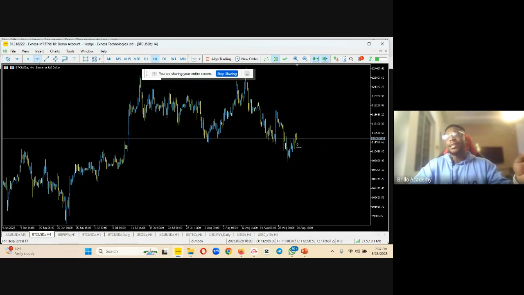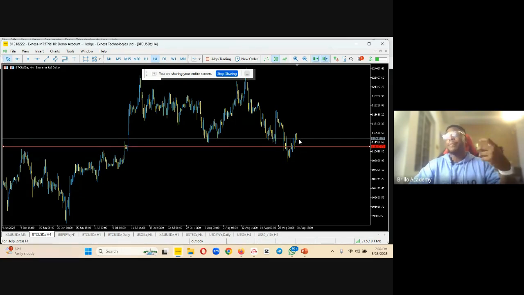So I'm going to set my sell stop at this zone. All right. So this is my sell stop. Remember, the sell stop is placed below the current market price. So what I'm saying is that if the market should get to this zone, activate for a sell and keep selling. So if this is my sell stop, it means that my stop loss has to be above my sell stop. All right.